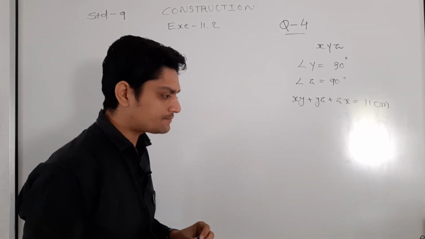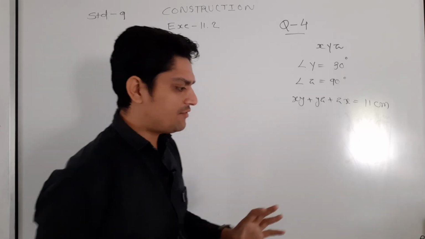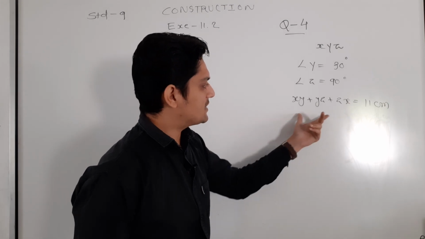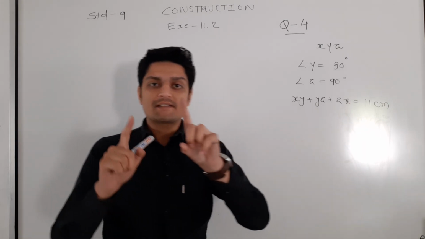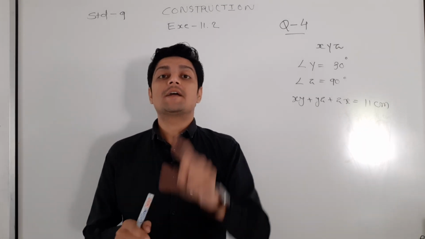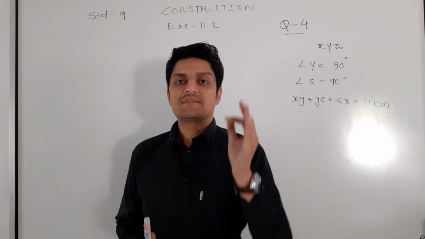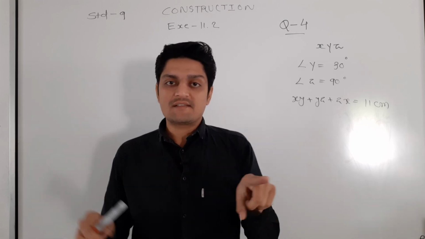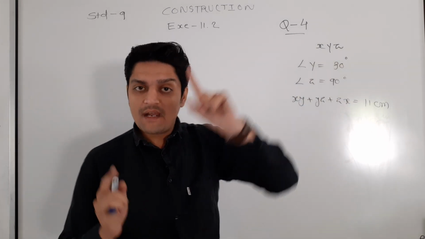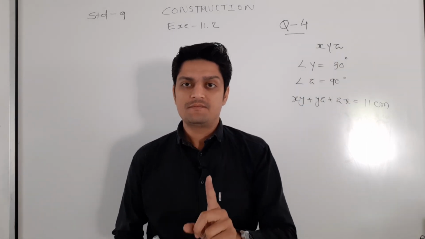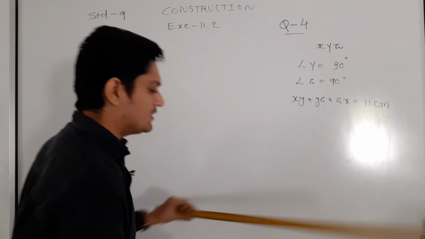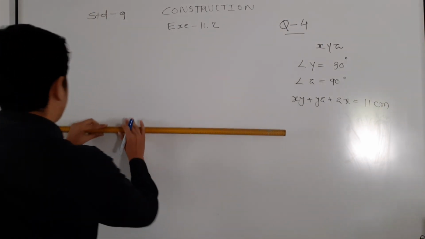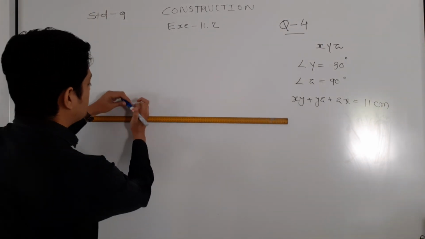Now what to do here? The sum of the 3 sides is given, so that sum of the 3 sides we have to consider as the base. Which means we will first construct the 11 centimeter base.